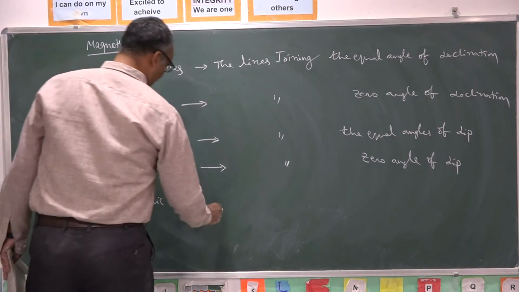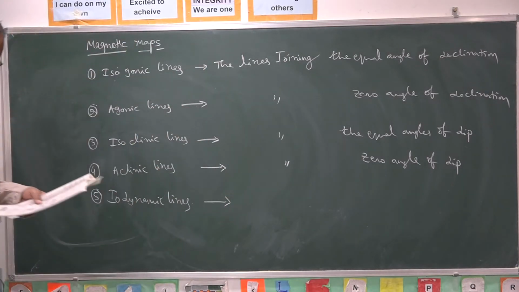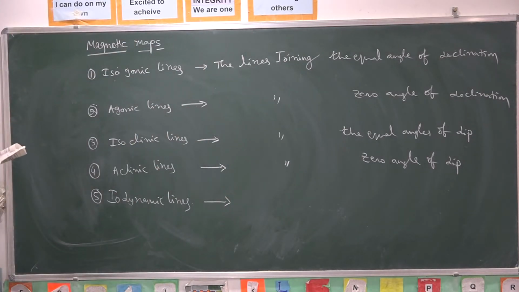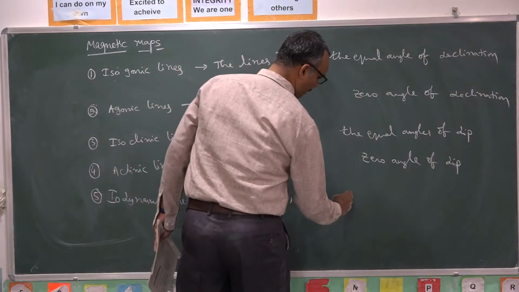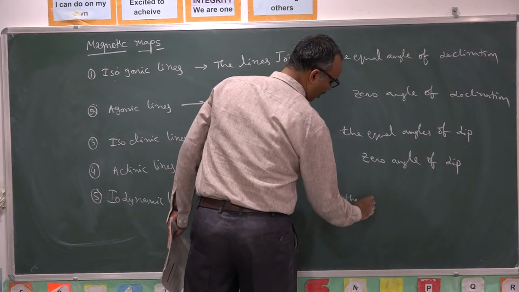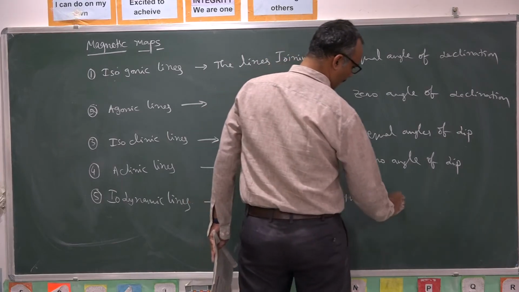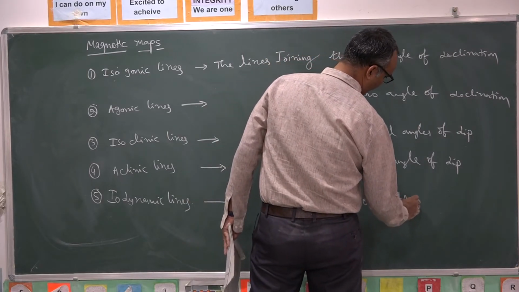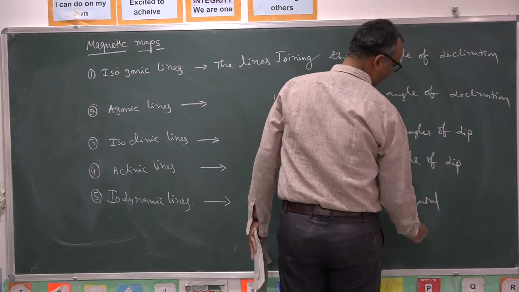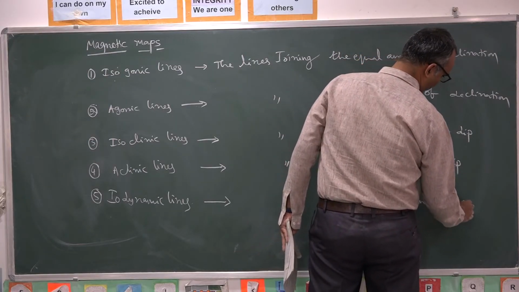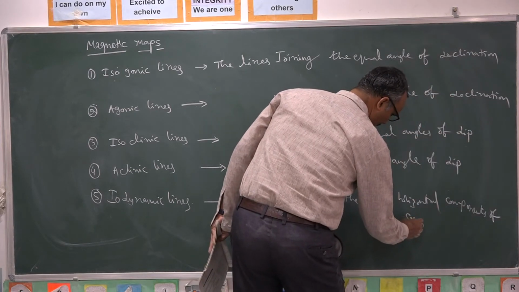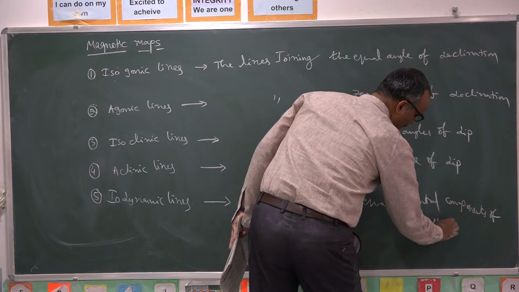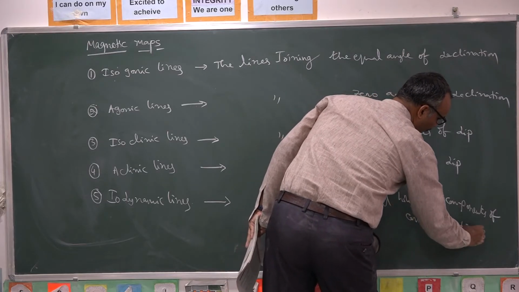The last one is isodynamic lines, the lines joining equal horizontal components of Earth's magnetic field.